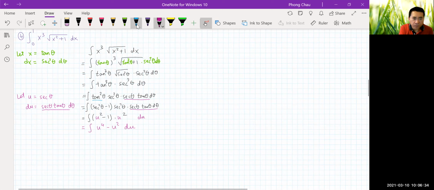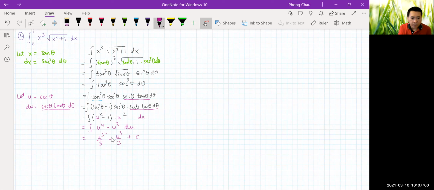That becomes u to the 5th over 5 minus u to the 3rd over 3, plus constant.